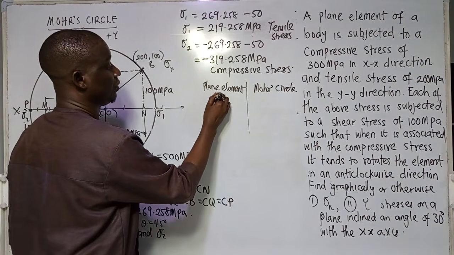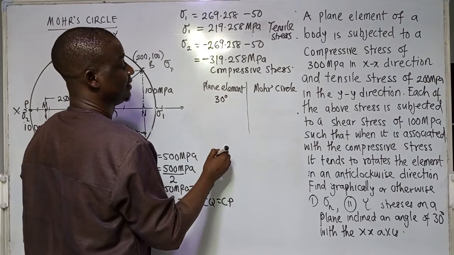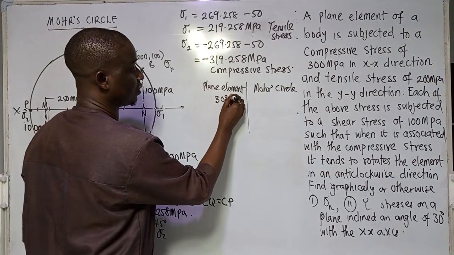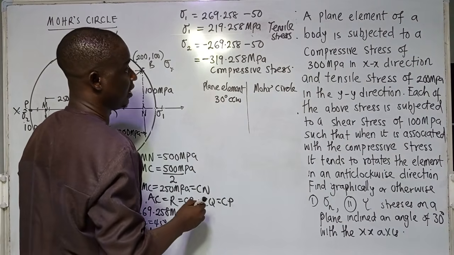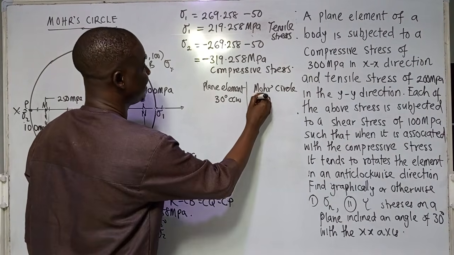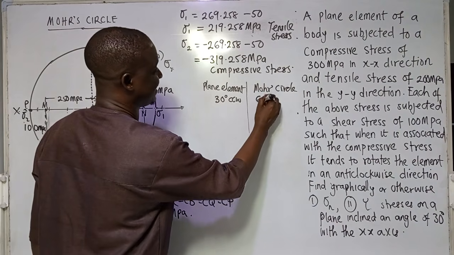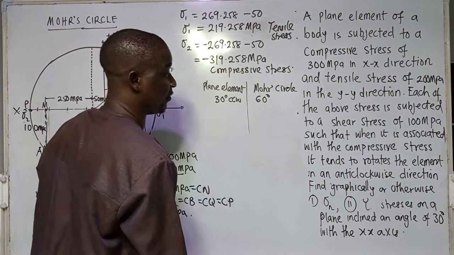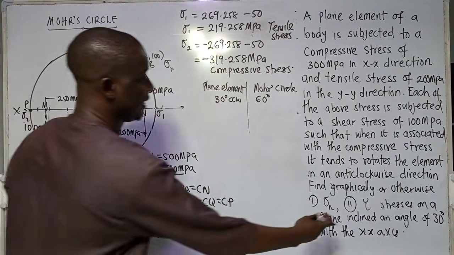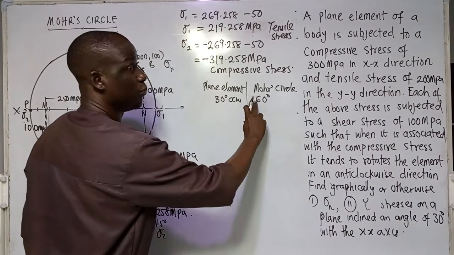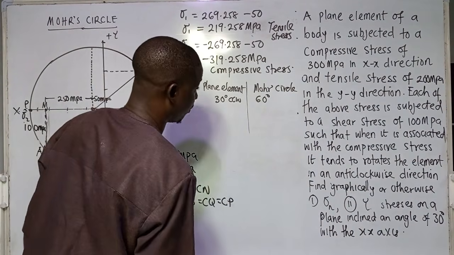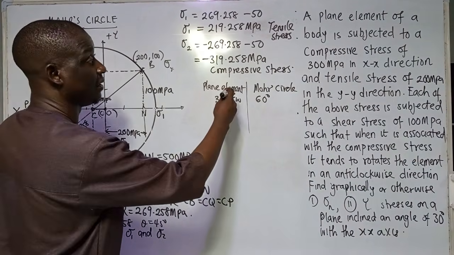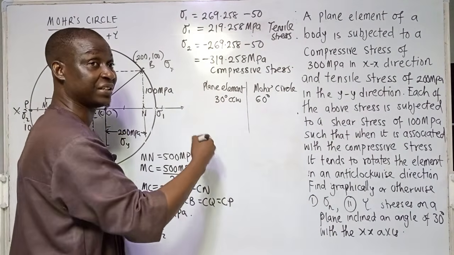If the plane is inclined at 30 degrees, the Mohr circle will go 60 degrees. This is times 2 of whatever we have here. So if there is 40, the Mohr circle will go 60. You always times 2 of whatever the plane element angle given.